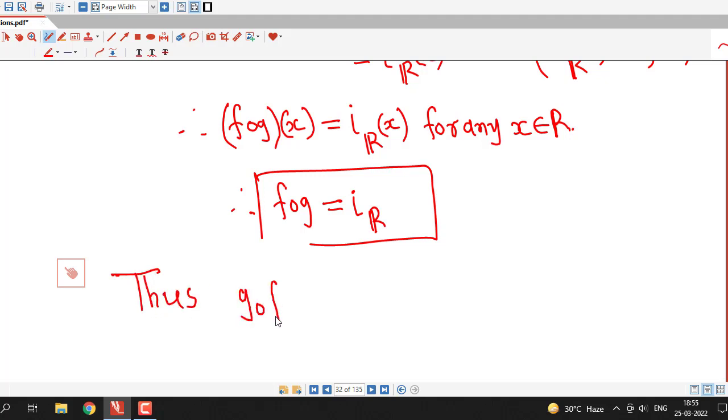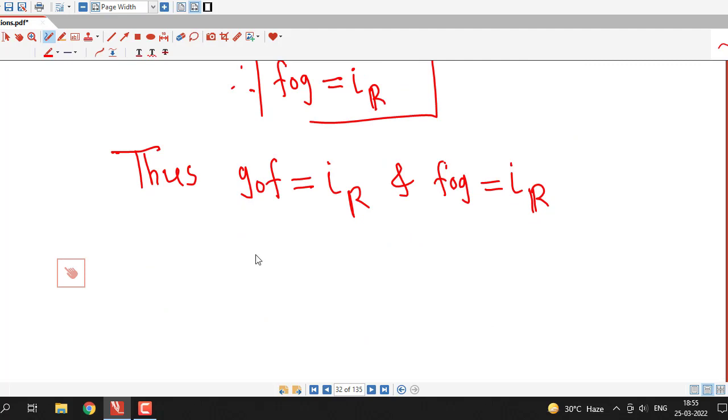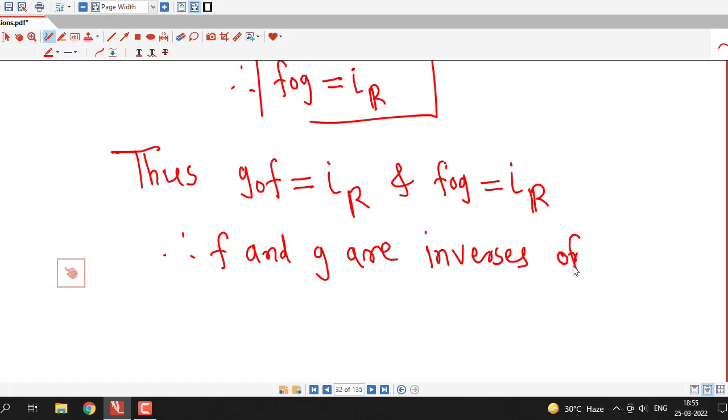Thus the composition of g and f is the identity function, as well as fog is also the identity function on the set of real numbers. Therefore f and g are inverses of one another.